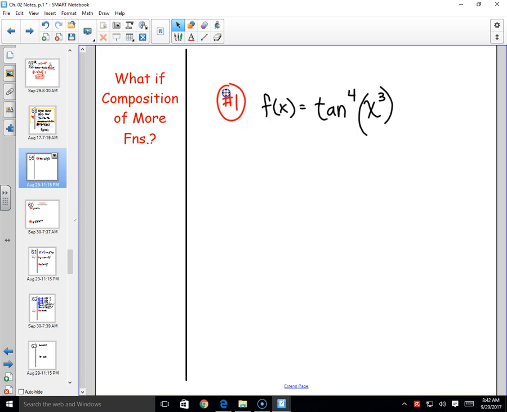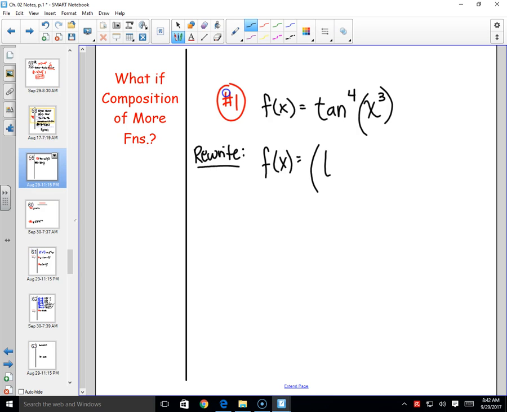If you want, you can write down what you think it would be. Pause. Now, this one's trickier because it's trig notation. Don't get tricked by the trig notation. Let me help you out really fast. If you ever have a trig raised to a power, the very first thing I need you to do is rewrite it. Because the little fourth next to the tan is shortcut notation for the whole tangent being raised to the fourth.